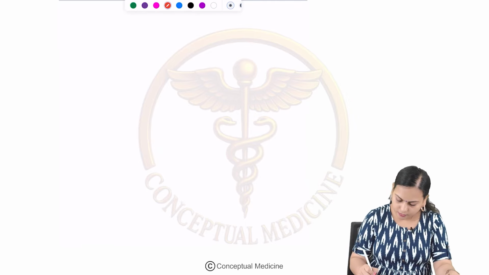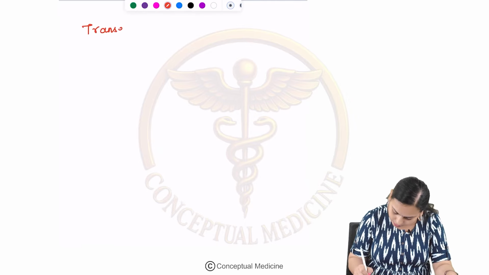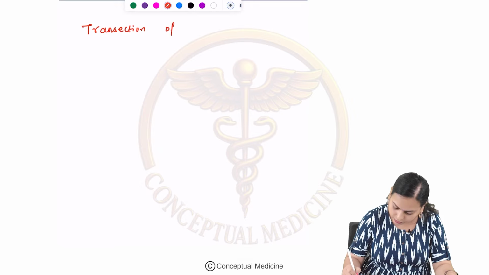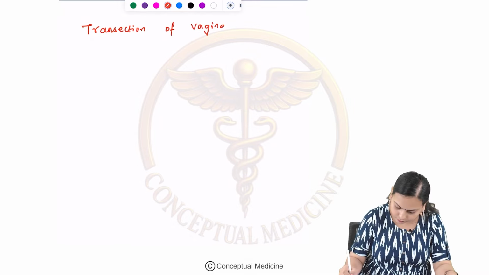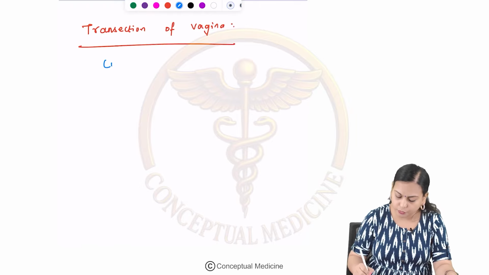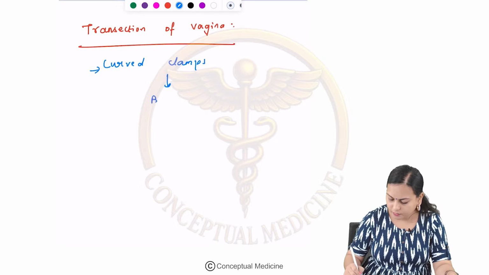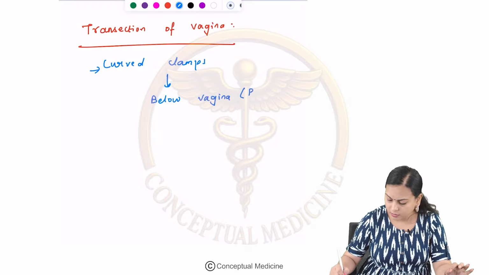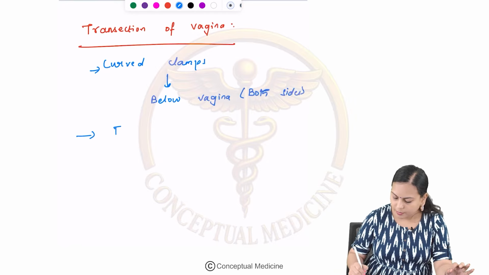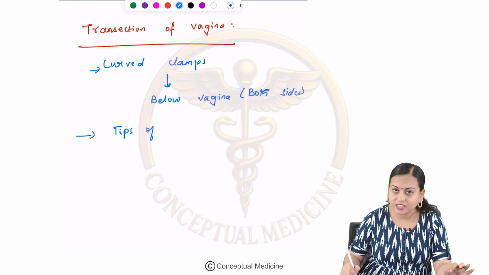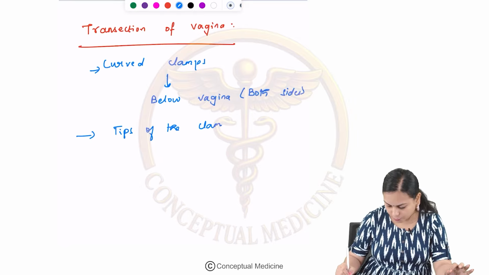Now coming to the next one, that is transection of vagina. Here we have to put curved clamps below the vagina, and it will be put on both sides. Remember, the tips of the clamps should be in midline.